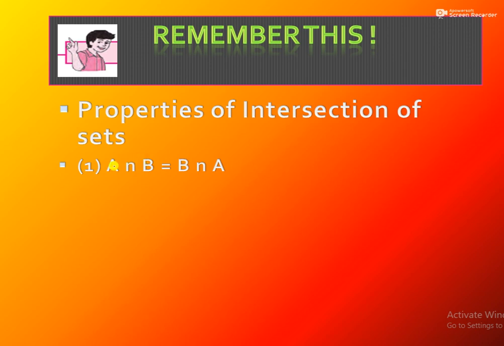Similarly, A intersection B is the same as B intersection A, because the common elements of A and B are the same as the common elements of B and A.